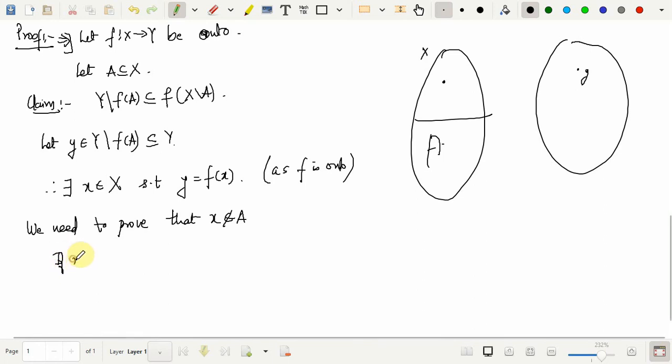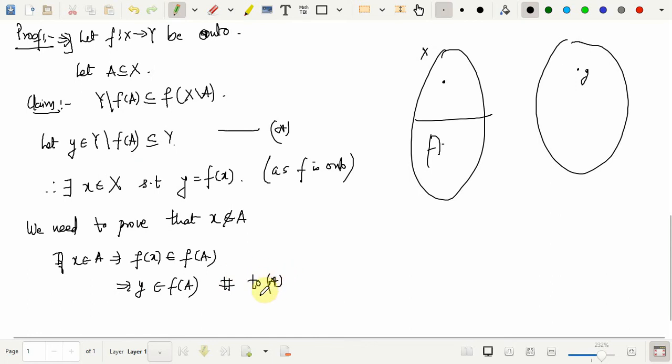So if x is in A, then this would immediately imply that f of x belongs to f of A, right, which would be the same as saying y belongs to f of A. But by the definition, by the star, we know that y is coming from Y but not from f of A. So this contradicts our assumption, contradicts the star.